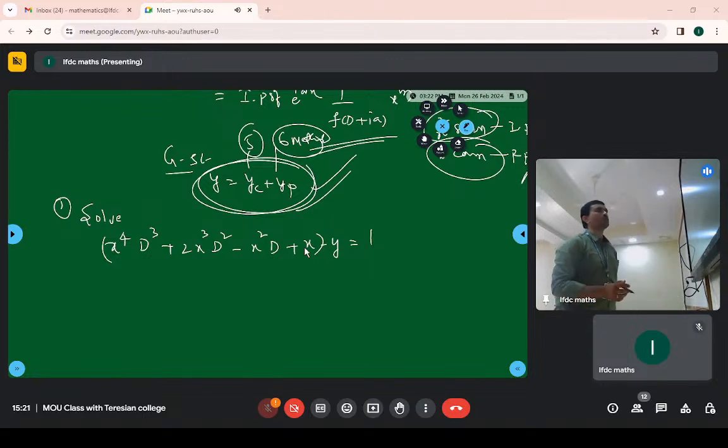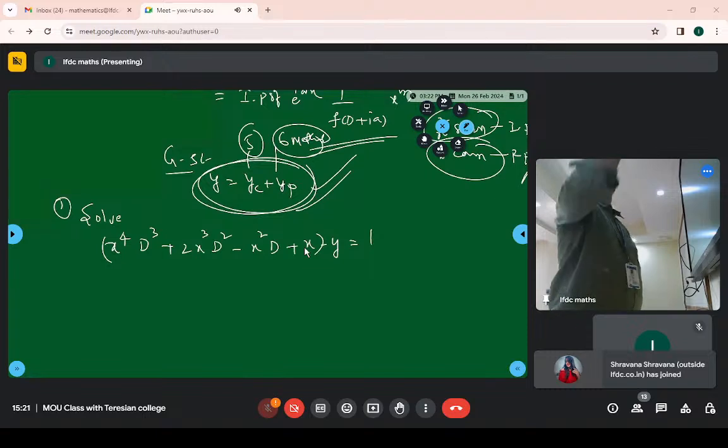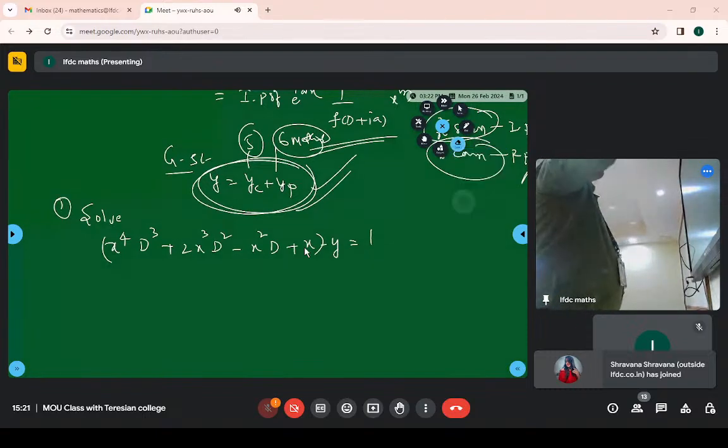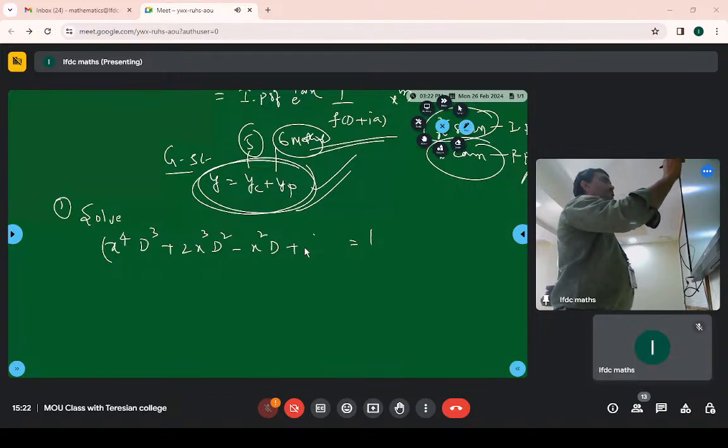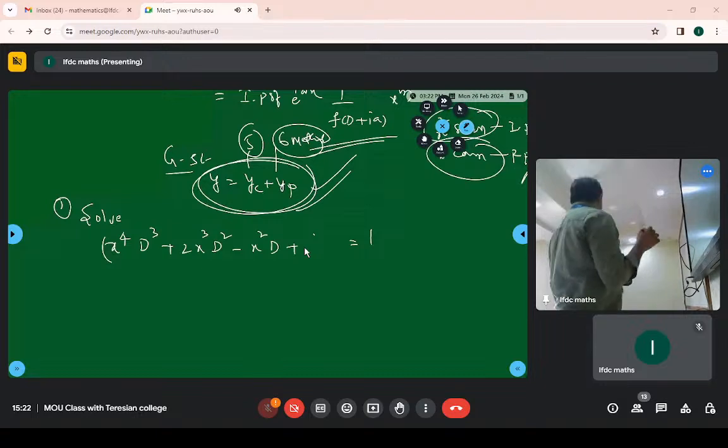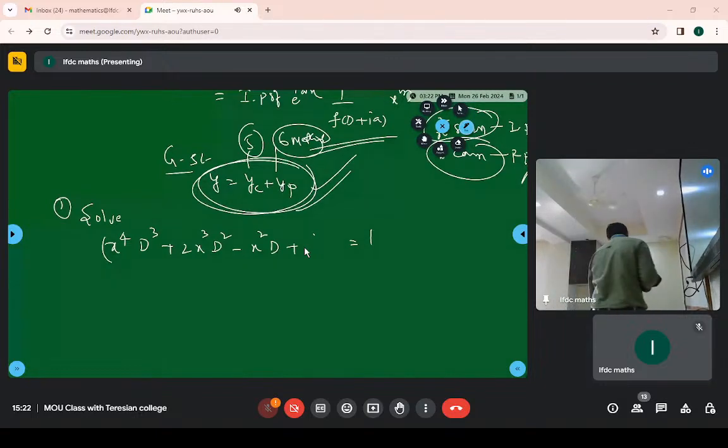Can you tell me how to solve this? Okay. Anyone?